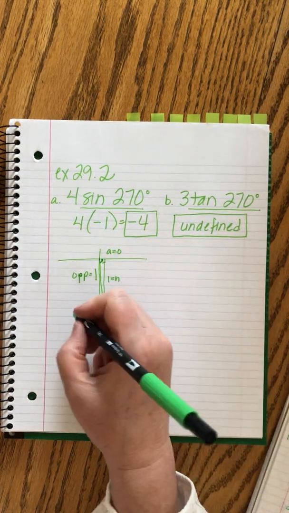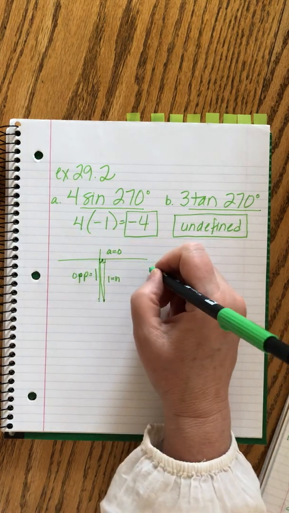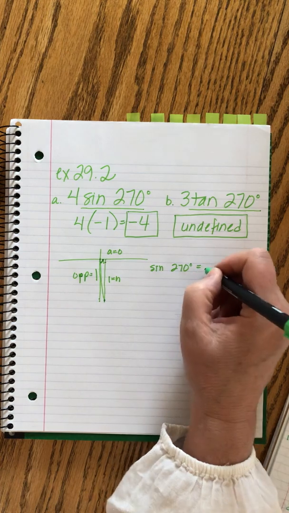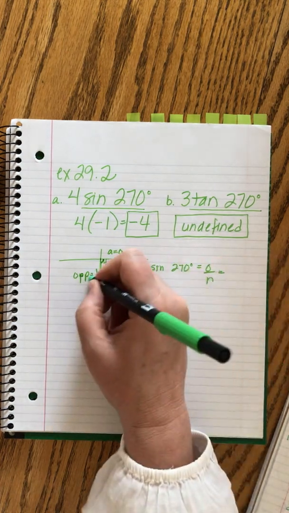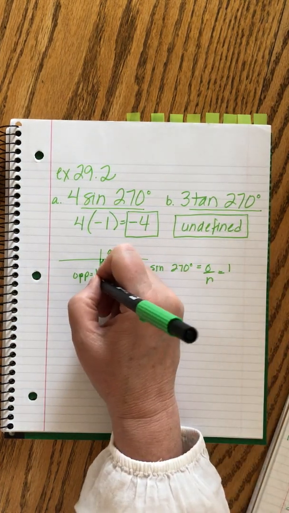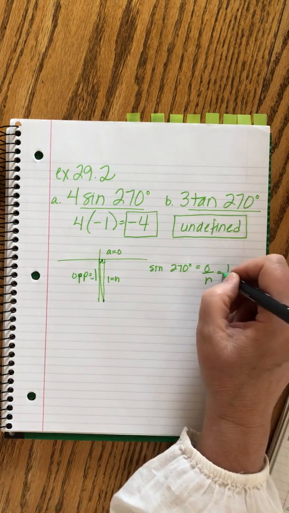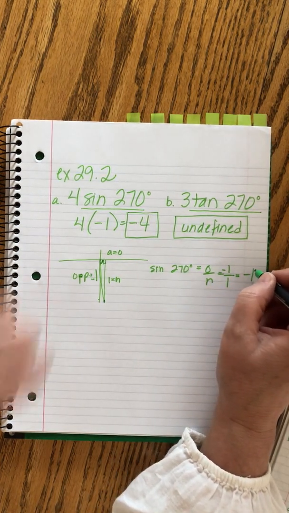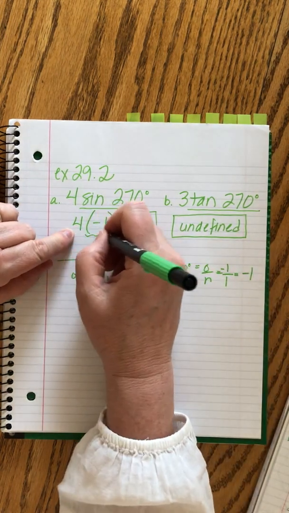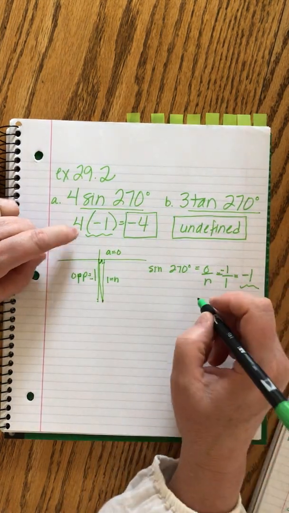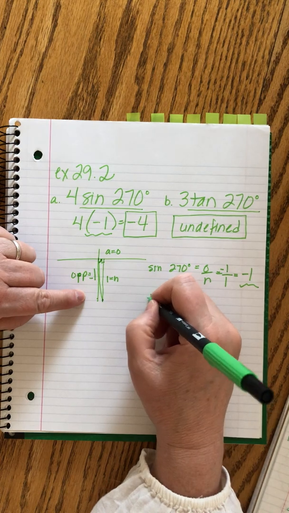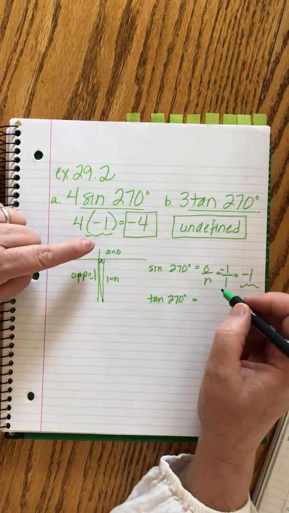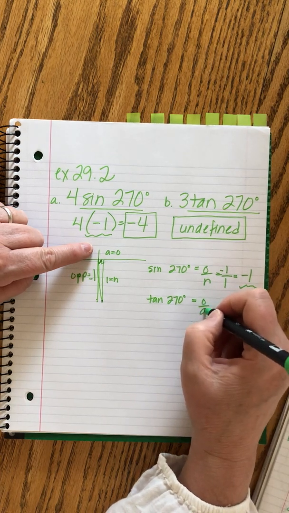So when we're trying to find the sine of 270 degrees, that would be opposite over hypotenuse. Opposite is 1. Oh, it would be negative 1, right? Because it's going down, over the hypotenuse. So it would be negative 1. And that is exactly what we have here. And then for the tangent of 270, it's opposite over adjacent.